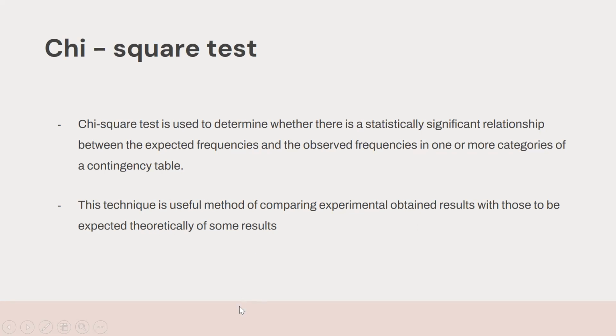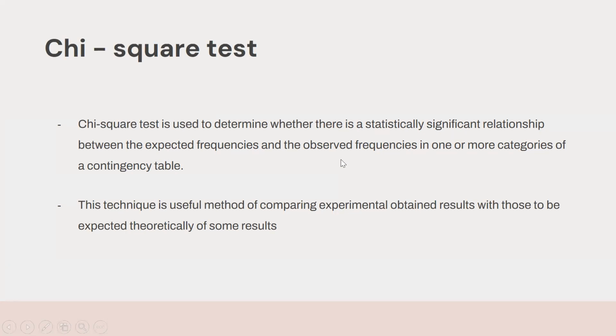Okay? So ang chi-square, ginagamit natin siya kapag nagko-compare tayo ng mga observed data natin, 'di ba? Yung mga collected data from survey research o kaya naman from observation. Ang keyword dito sa chi-square ay yung significant relationship between expected frequency and the observed frequency.